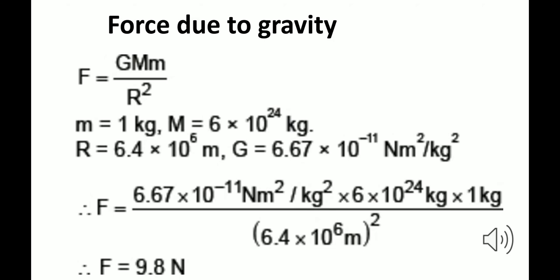So the body having the greater mass pulls the other towards itself. As Earth has more mass, Earth is pulling the body towards itself, not the object pulling the Earth. So I think the point is clear to you. So the force applied due to gravity is 9.8 newtons. So we move further.